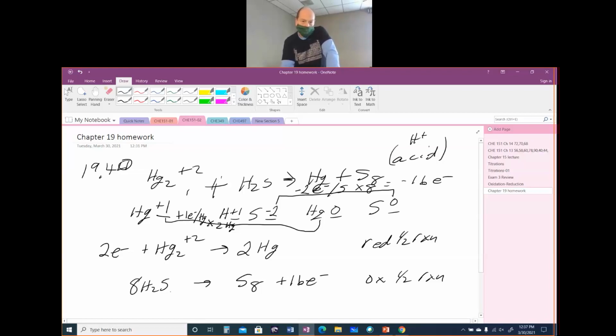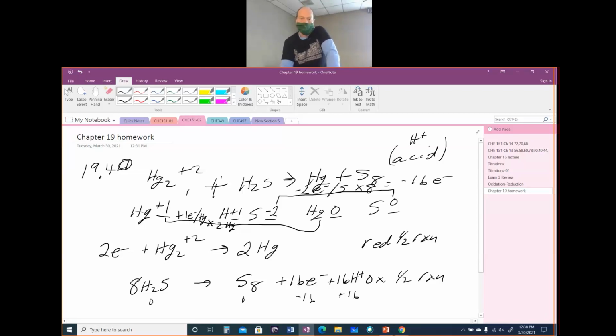Down here, on the left side, H2S has no charge. 0 times 8, that's still a 0. S8 has no charge, that's a 0, but you have minus 16 for your 16 electrons. And so you have to add 16 H pluses in order to get a plus 16 and a minus 16 to be a 0 on the left and a 0 on the right.